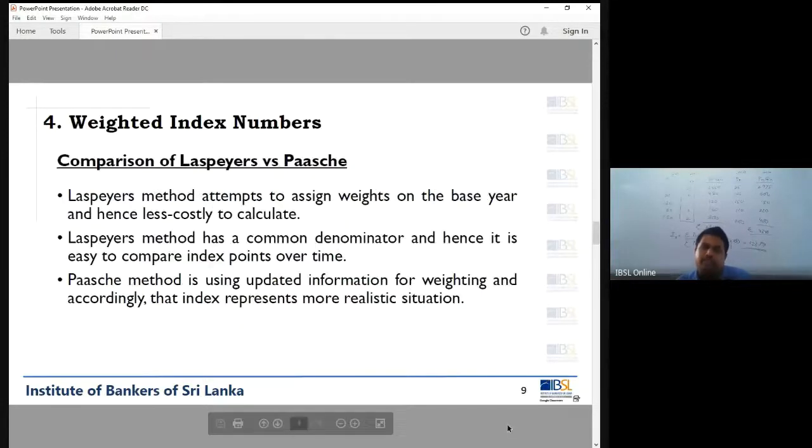Those are the 3 points that we can compare for the Laspeyres and Paasche. Again, I reiterate, there is nothing to be considered as the best and the worst. Rather, these are two different types of index calculation methods, and these are the comparisons under these two different methods that we can discuss.